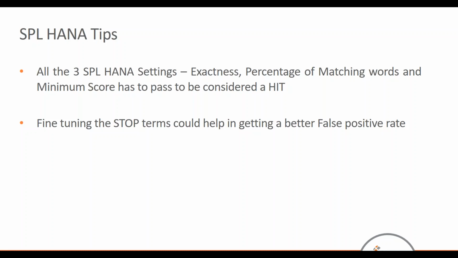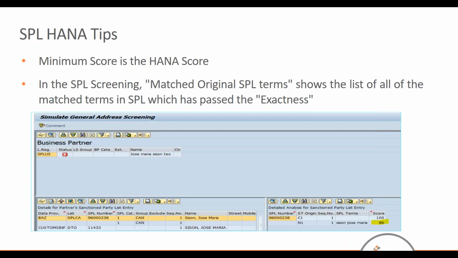And moving on, in HANA the system uses something called a HANA score. In the screenshot, you can see on the right hand bottom side, the last column is called score. If you expand that, it is called the HANA score.